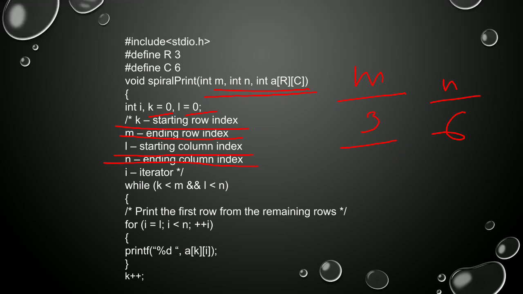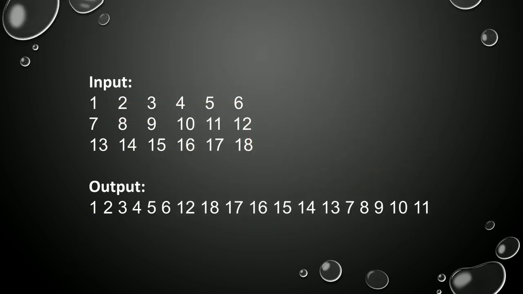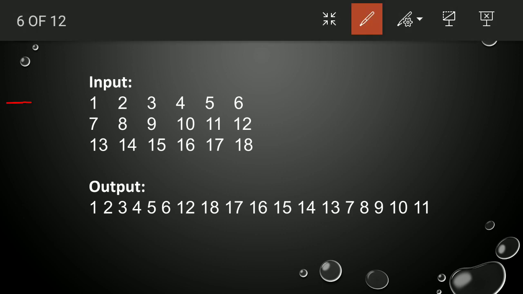I will show you with this one. See, this is your kth index, and this is your m row. So m equals 3, k equals 0. This is the 0th index, this is the first index, and this is the second index. Now this is your l, and this column is your n column, which is 6.